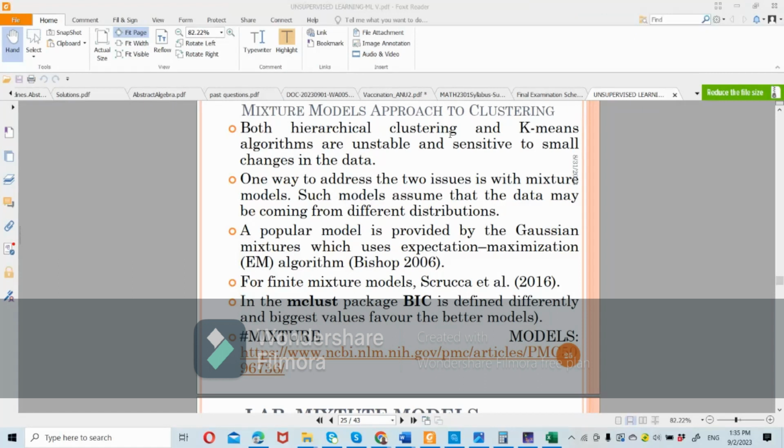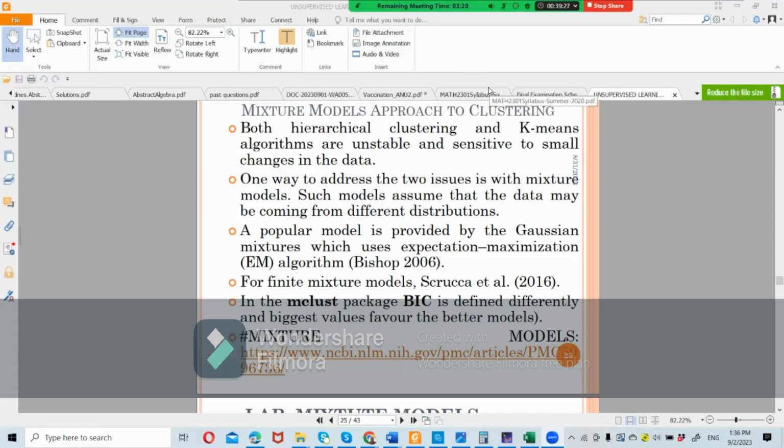Normally, our selection criteria says that the model with the minimum AIC, BIC, or whatever IC, is preferred or outperforms the others. The reverse is the case for mixture models: the bigger the BIC, the better the model. So that is what we are considering.